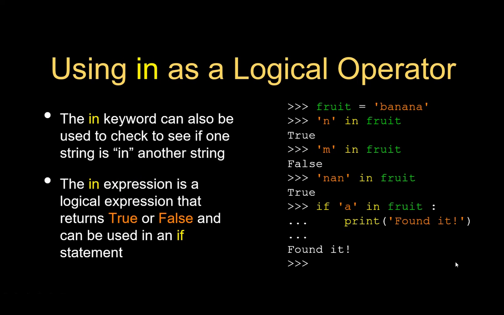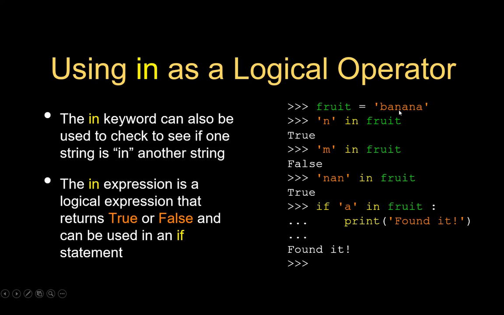Okay, so we're going to talk about using a logical operator. So here we have our string assigned to variable fruit, and we're going to say single quotation n in fruit. What does this mean? Is there any character n in our string?